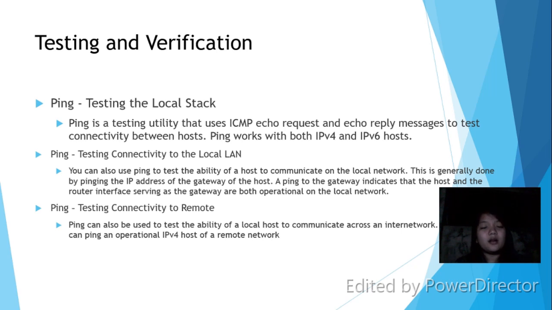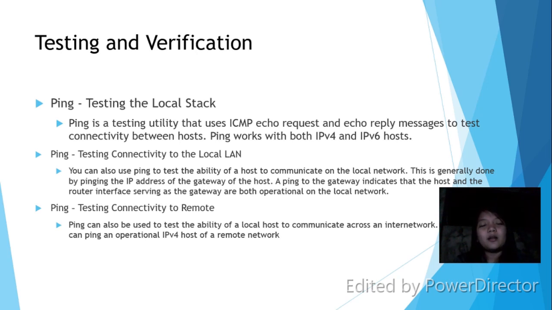So for the summary of this, ping is used to test connectivity. For example, you have two networks. You have PC 1 and 2, and the other network has PC 3 and 4. They are both connected to a router.